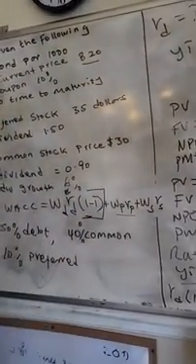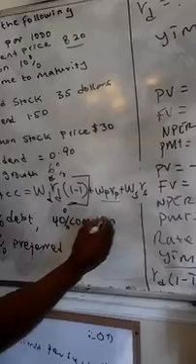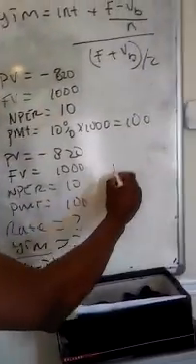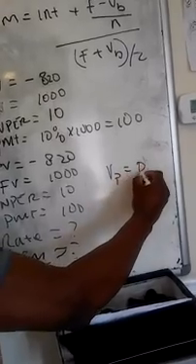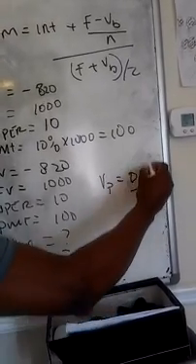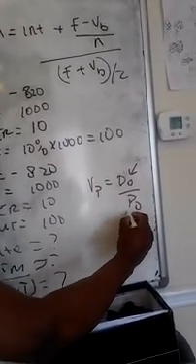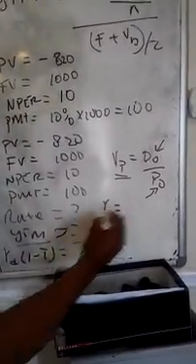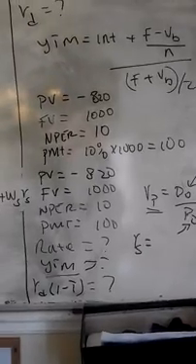The last, on your preferred, you have to use this formula here, R equals D0 divided by P0. D here is dividend and P0 here is your price. All those particulars you've been given on this side. And for your R S here, you're going to use a dividend capitalization model.